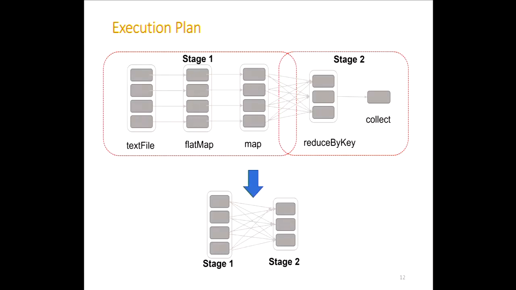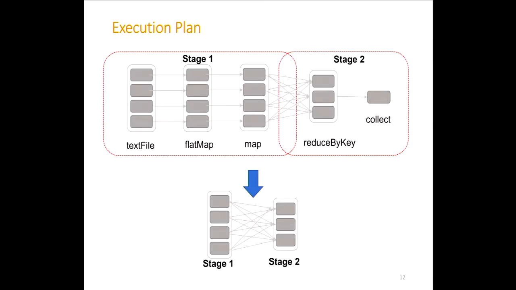Also pay attention to what we mentioned regarding persistence and memory. If you force persistence, if you say persist this RDD in memory, then you're actually creating a new boundary. Let's say in this example, after the flatMap, you determine that the result of the flatMap is something you need to reuse multiple times.